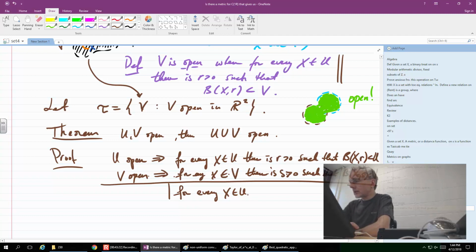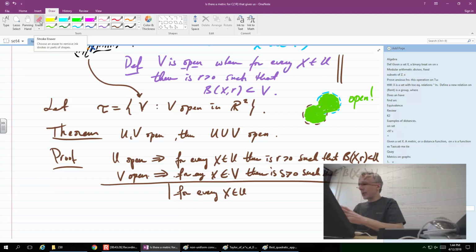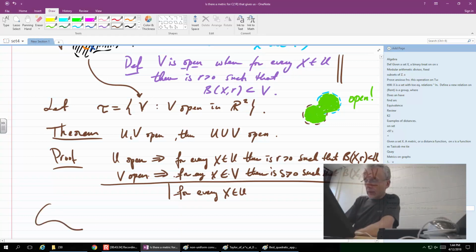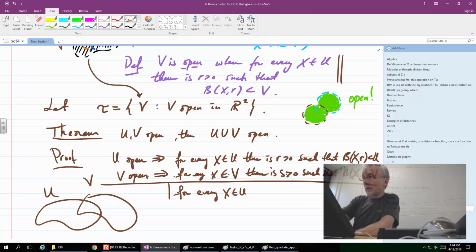Well, I'm looking at it, I don't really see what is to be proven here. You see it? We have two sets, U and V, and I pick a point. I can separate it from the outside with a disk. If it is in U, what if it is in V? Same story.